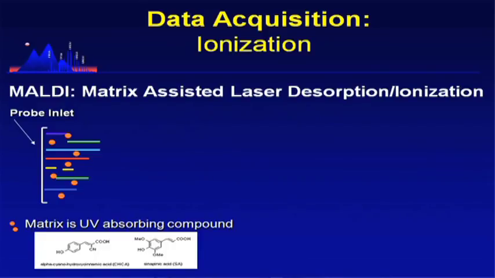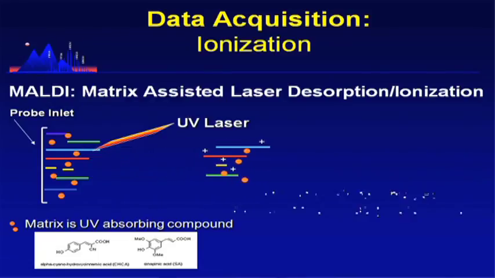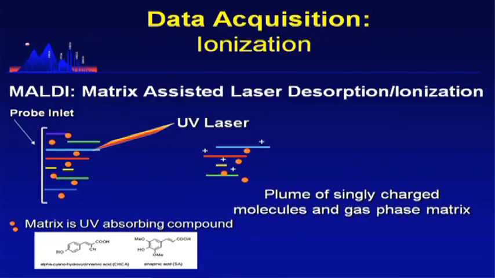In the MALDI process, we take our sample, a mixture of peptides, which are these lines, and we mix it with a matrix, which is a UV absorbing compound. We mix this together, and then we spot it on our plate or probe and allow it to co-crystallize. Then we irradiate the sample with a UV laser. The matrix ions absorb the UV laser, and everything sort of explodes off of the plate.